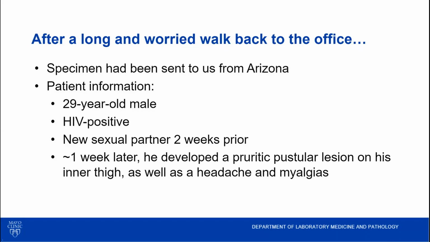And the clinical records indicated that this individual had a new sexual partner 2 weeks prior to the sample being collected. About a week after his last sexual encounter, he developed a pruritic pustular lesion on his inner thigh, and he also developed a headache and body aches.